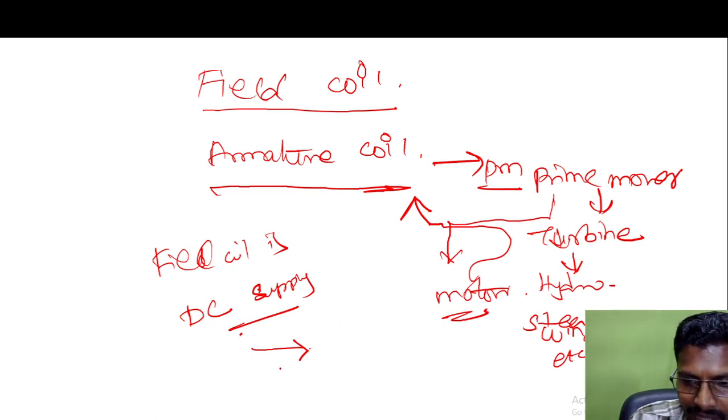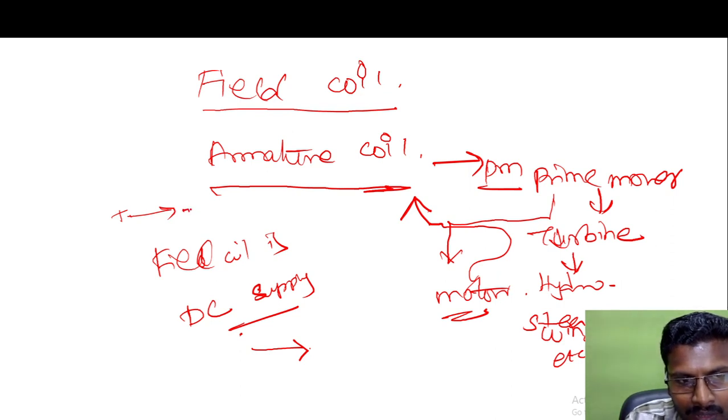In this type of DC generator, whenever the field coil is excited through some external means or through the DC supply, it will get magnetized or energized and create a magnetic flux. The armature coil is already wound on the rotor, and the rotor is rotated by the prime mover.